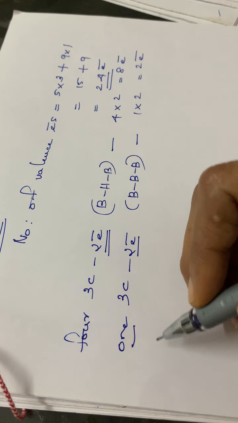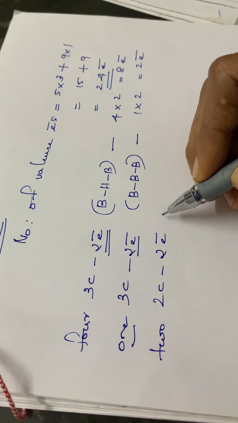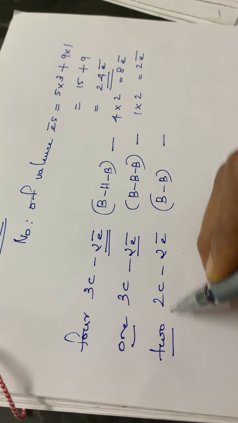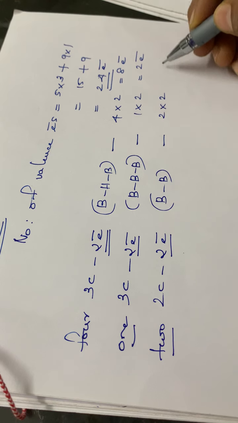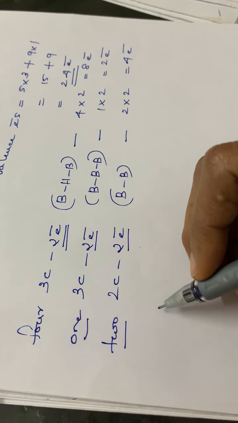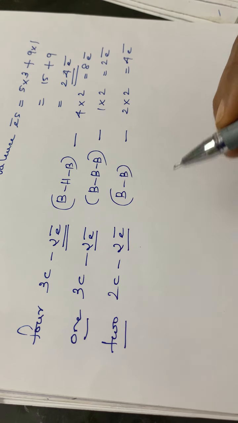Then 2 center 2 electron bonds, that is BB bond, that is equal to again 2 into 2, that is equal to 4 electrons.